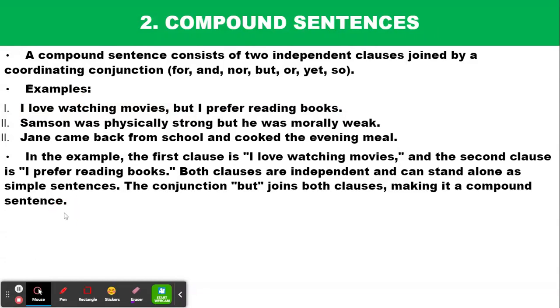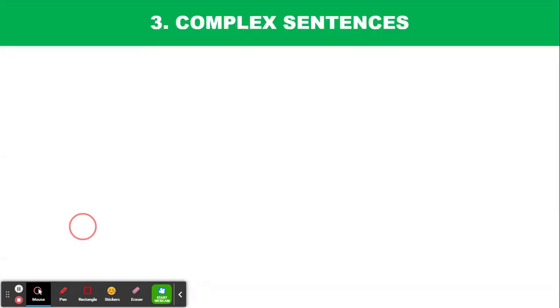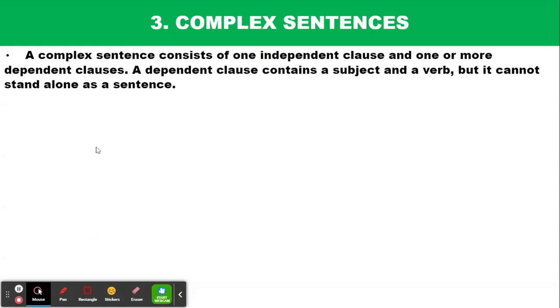So let's now move on to the third type of sentence, which is called the complex sentence. What is a complex sentence? A complex sentence consists of one independent clause and one or more dependent clauses.